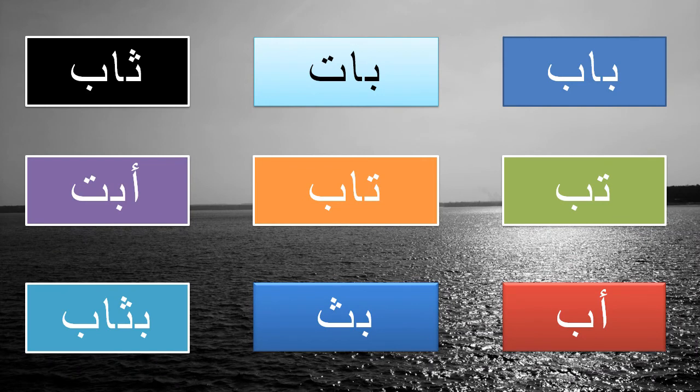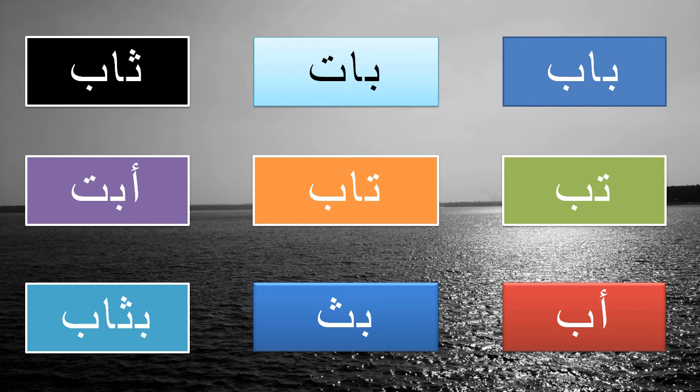After we have finished talking about writing the letters ba, ta, and thaa and how we pronounce them, let's check if we can read these simple but challenging words. These words consist of the four letters we have discussed in this lesson and the lesson before it.